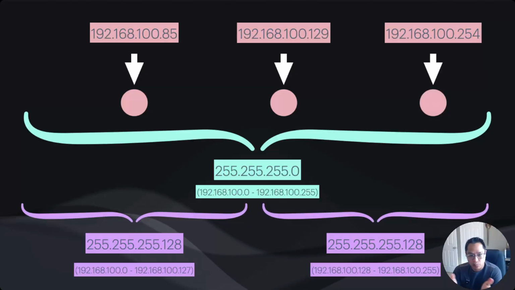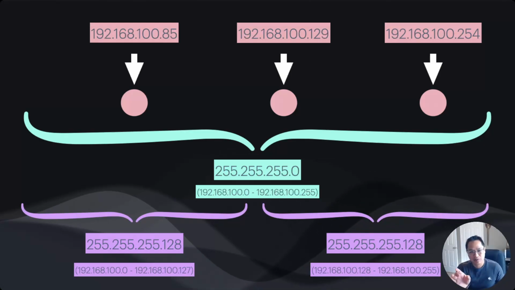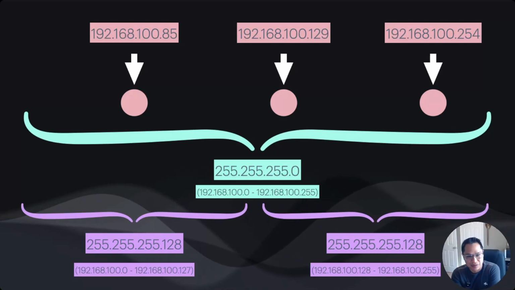So what if we change the subnet mask? Again, we won't dive too far into details on what these numbers mean, but say we change it to 255.255.255.128. Well, what that does is add more bits to the network part of the address. So that shrinks the amount of bits that can be used for the individual hosts or individual computers.